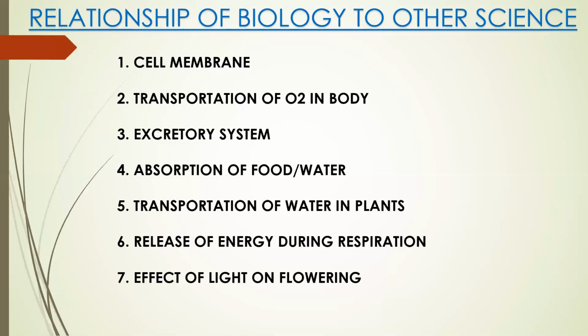So like that, each and every function or thing in the environment is interlinked with one or the other subject of different sciences. Take an example I did not mention here: geography. Geography is required to study the different distribution of organisms.